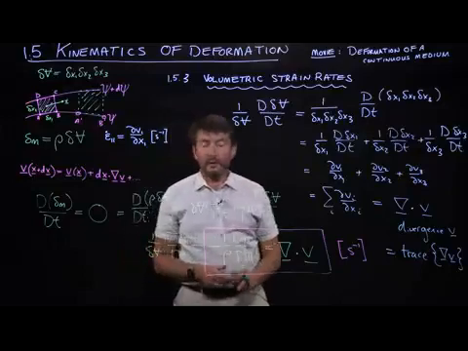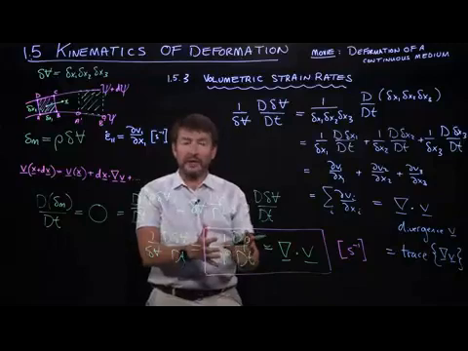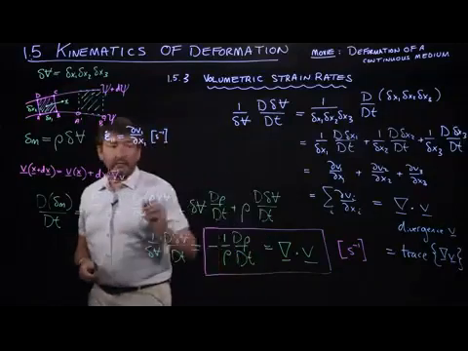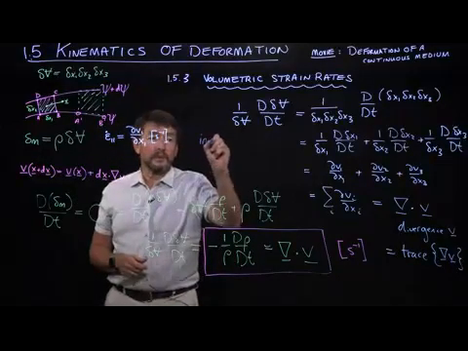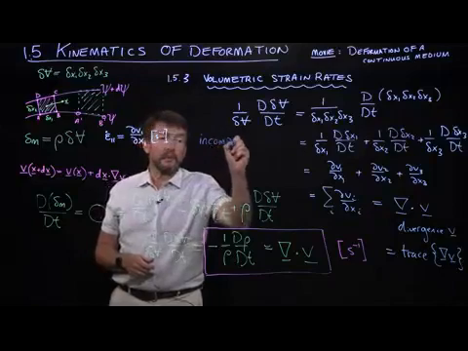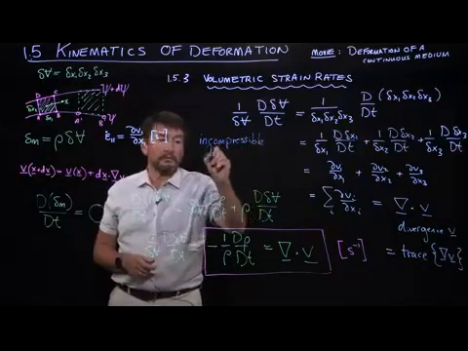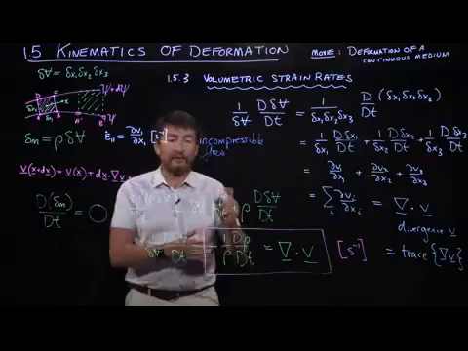And in particular, we're going to be very interested in this class in flows in which there's very, very little change in density. And so the final statement that we might make that's useful is that for an incompressible flow, what that would really mean is that the fractional change in density is small.